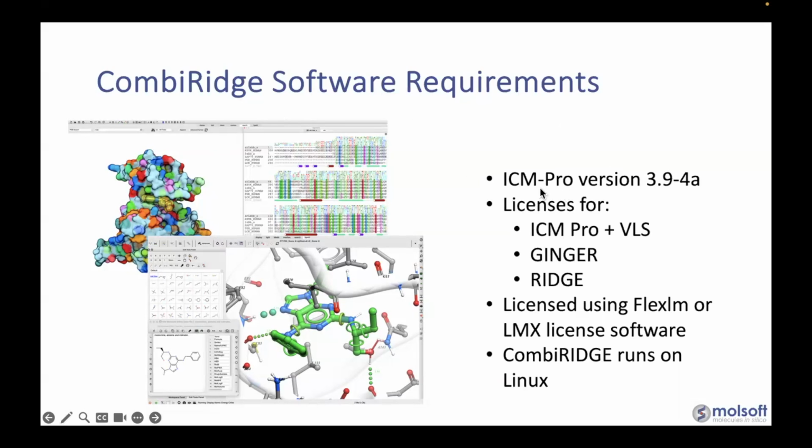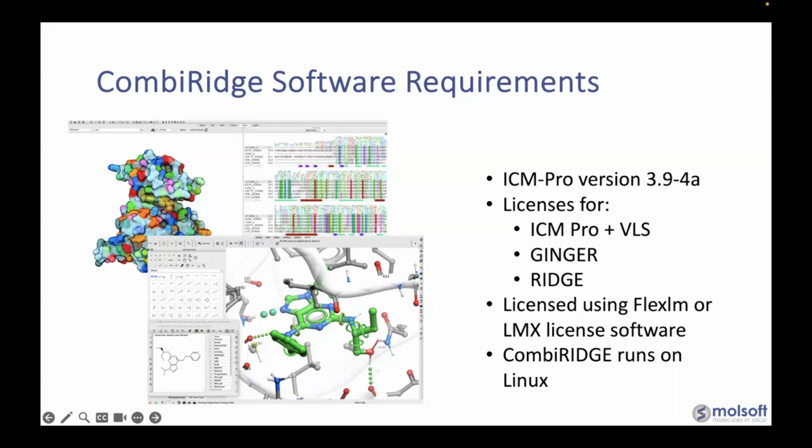You can use the ICM Pro software initially to set up your CombiRIDGE docking project, and there's also a variety of other tools embedded in ICM Pro, such as bioinformatics tools, sequence alignments, propagating sequence to structure, and molecular dynamics, sometimes useful for post refinement of your CombiRIDGE hit list.